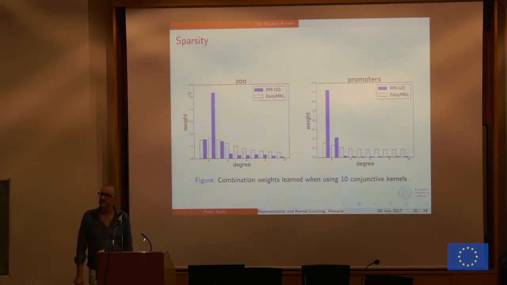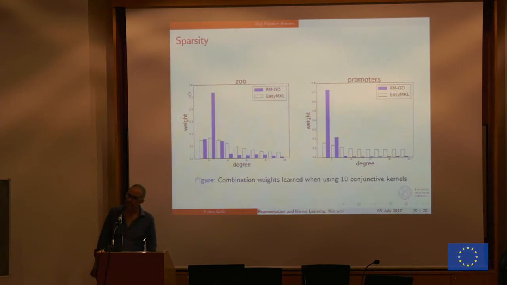In that case, I would be tempted to use the kernel with the smallest number of parameters, right? Which is expected to generalize better.